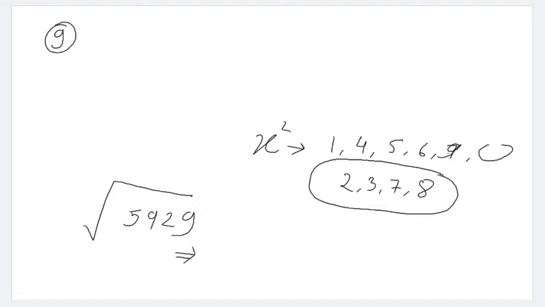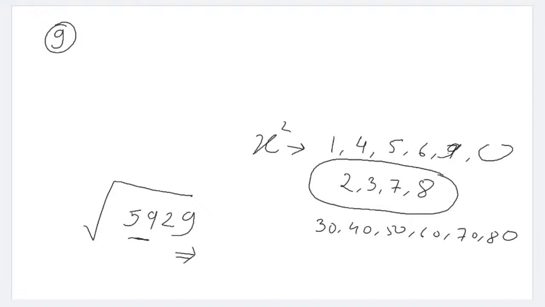See, if you look at the starting two digits of 5929, which is the nearest number? Nearest in the sense of 30, 40, 50, 60, 70, and 80, whose square you can find? See, 80 is the nearest number.